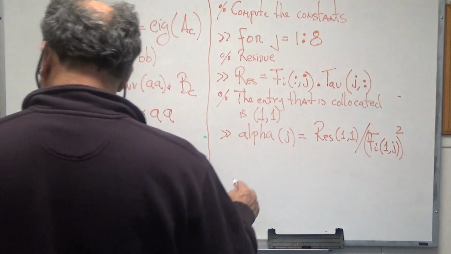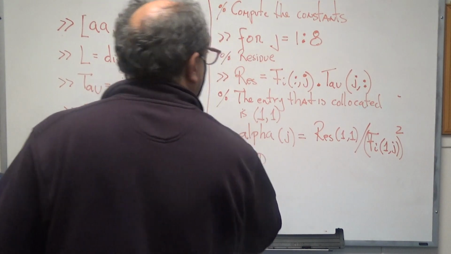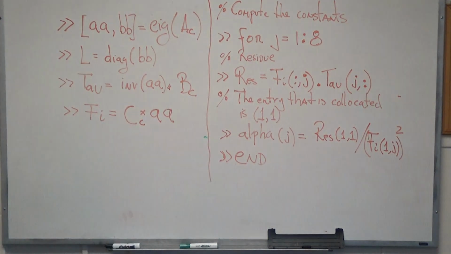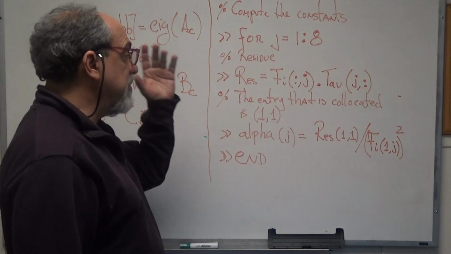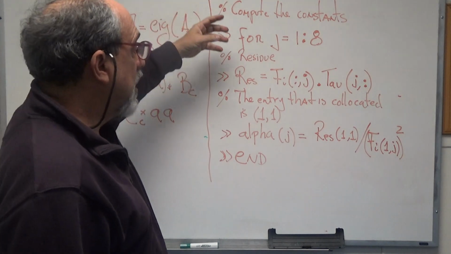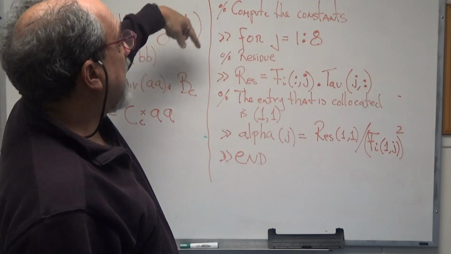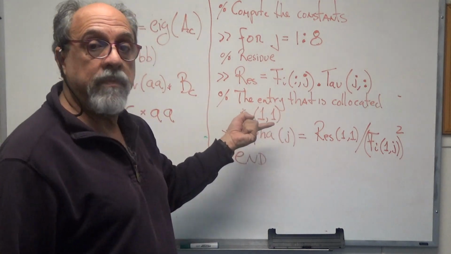And then end. So this computation right there extracts the normalization constants, residue 1, 1, jj. Now, I have actually written this program a little bit more refined, more sophisticated. For example, if you were writing a MATLAB code in general, you could put in the input of the file, obviously, which one is the collocated coordinate, right?